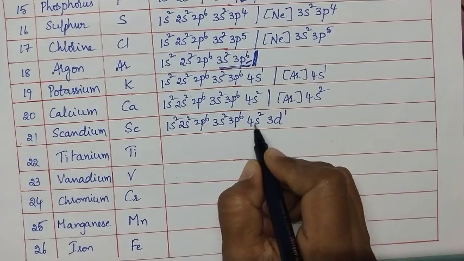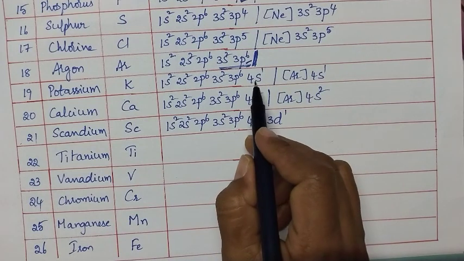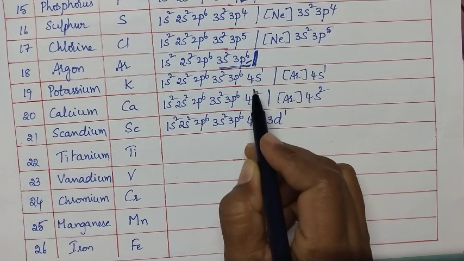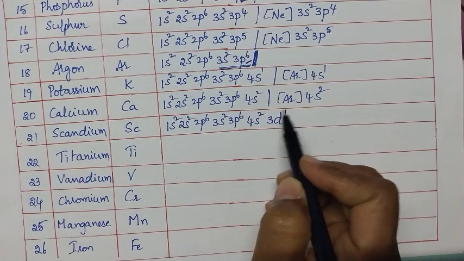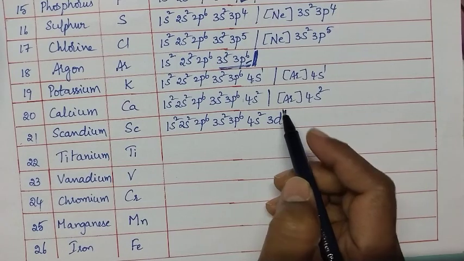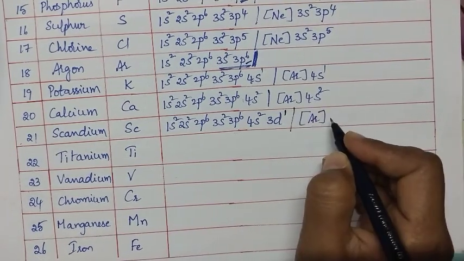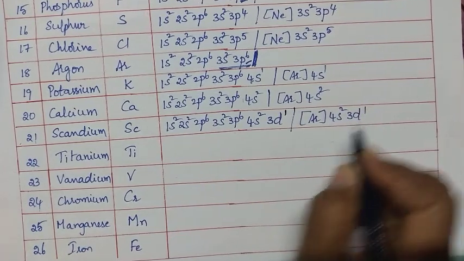So remember, students, 4s orbital is having less energy than 3d. So initially the electron enters into the 4s orbital. After filling 4s orbital, then the differentiating electron enters into the 3d orbital. Clear, students? So it can also be represented as argon 4s2, 3d1.